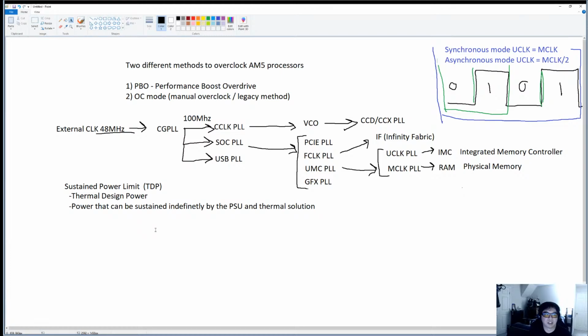That is a little different from Intel, because Intel operates on something called tau, which is a time value. Intel's power limits can only operate within a certain amount of time, and the motherboard will control that time limit.